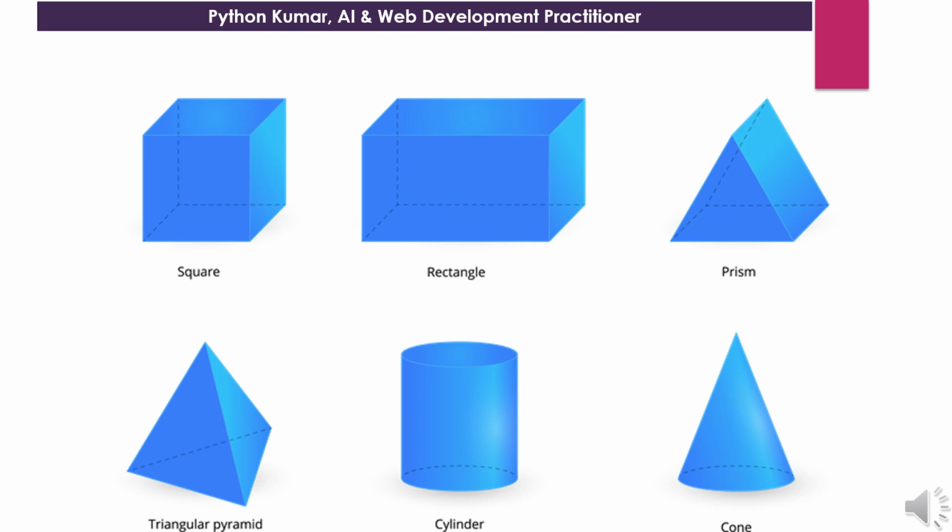A prism also would depend on some side, some side exponent 3. The pyramid also has some kind of side raised to 3.